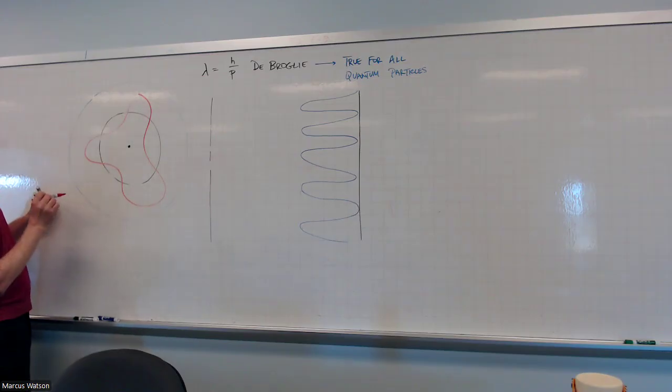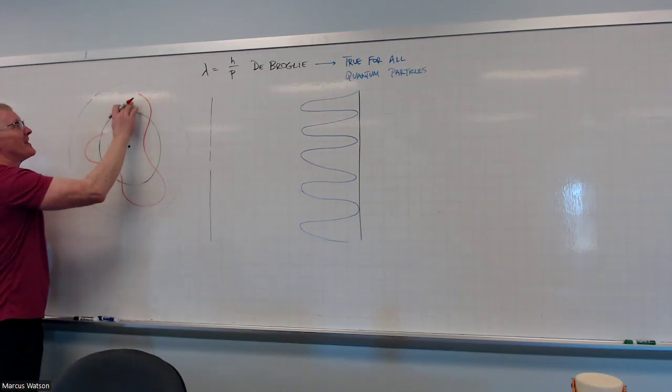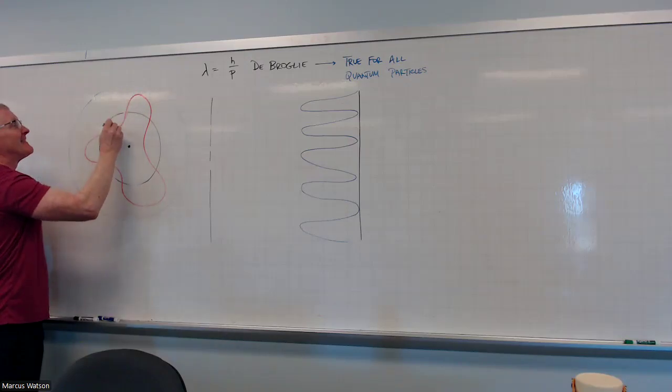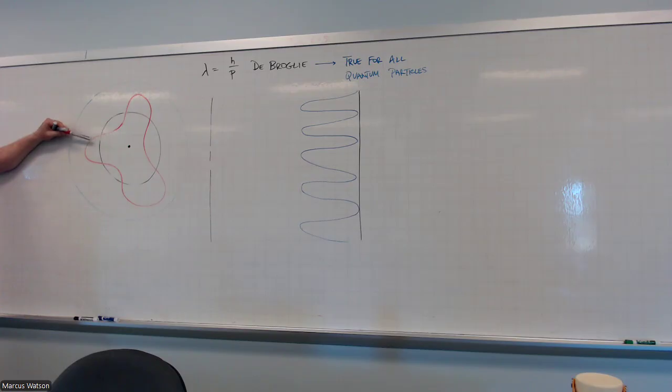That's not quite what I wanted it to look like, but nonetheless, if the wavelength of the electron is such that it goes around this circle in a standing wave pattern and connects, then this is an allowed orbit, right? This is the wavelength of the electron that's in that orbit with 3 lobes to it.